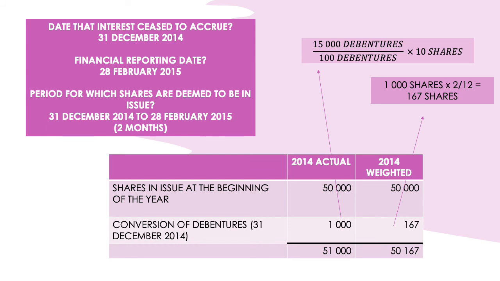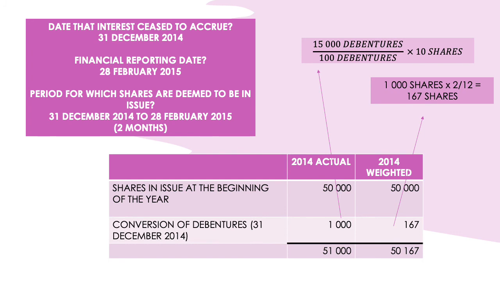First things first, we need to determine the date that the interest ceased to accrue. Now, these debentures were converted to ordinary shares on the 31st of December 2014. So on the 31st of December 2014, you no longer had to account for interest on these debentures because they were going to be converted into ordinary shares. Therefore, the date that interest ceased to accrue is the 31st of December 2014.